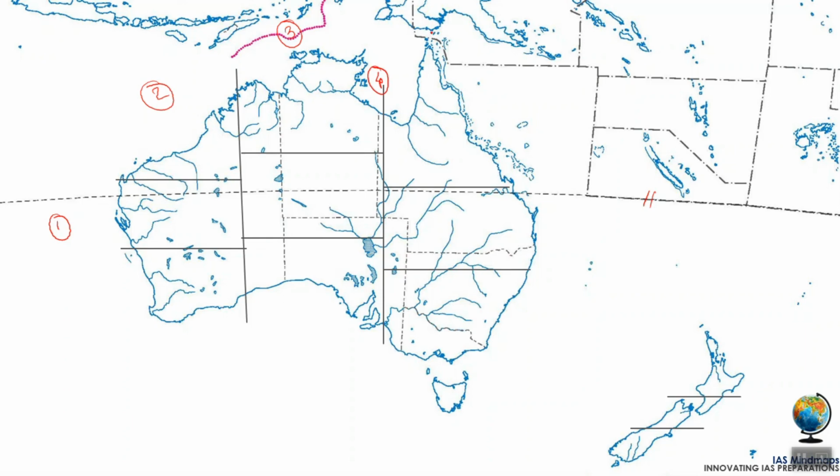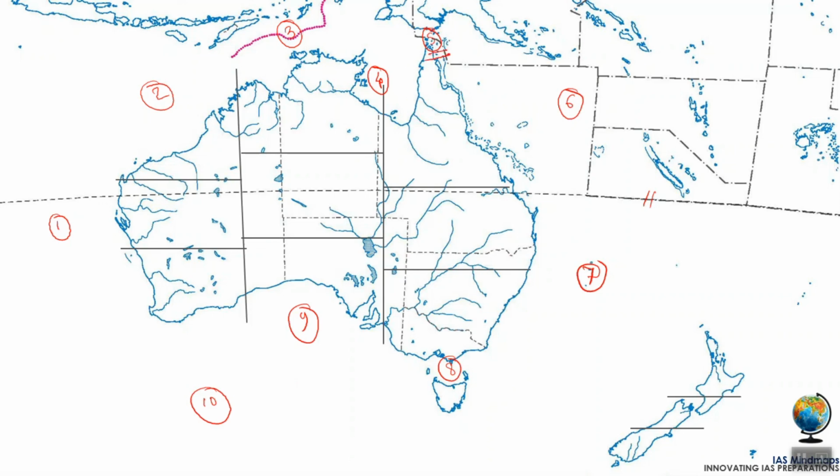Fifth, Torres Strait. Sixth, Coral Sea. Seventh, Tasman Sea. Eighth, Bass Strait. Ninth, the Great Australian Bight. And tenth, the Southern Ocean. You can find this arrangement in clockwise direction.